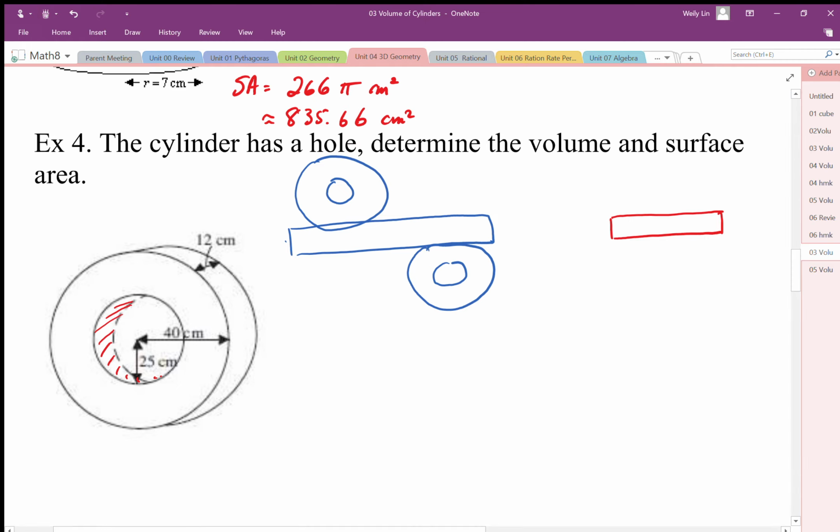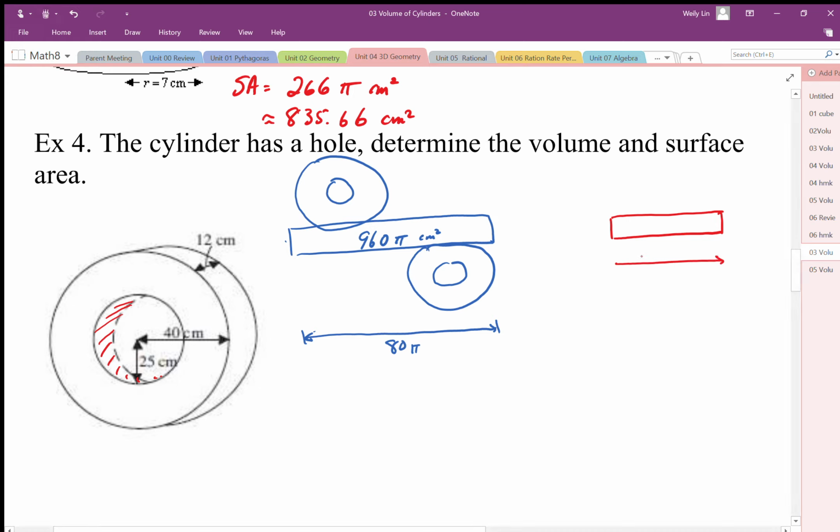So we're going to calculate the area of the rectangular surfaces first. The outside diameter is going to be 80, so the radius is 40. So this length here is going to be 80 pi. Since the thickness is 12, we multiply that, and we end up with 960 pi centimeters squared as that side surface. We'll do the same thing for the smaller rectangle here.